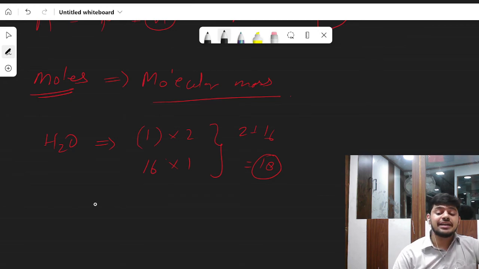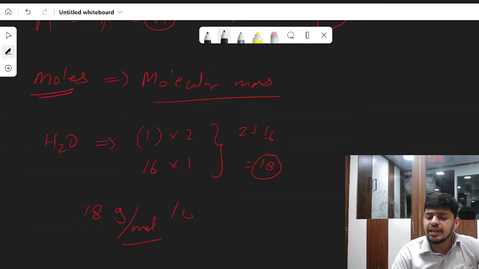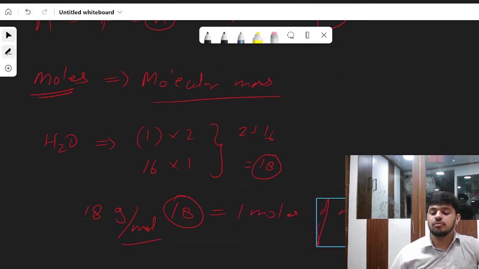Now what does 18 mean? It means 18 gram per mole. 18 gram per mole means when you take 18 gram of water, it will be equal to 1 mole of molecules. Okay, let us consider ammonia, NH3.